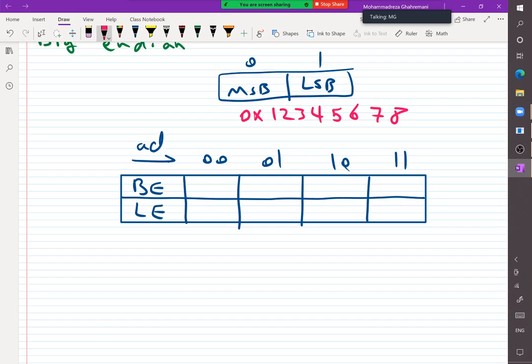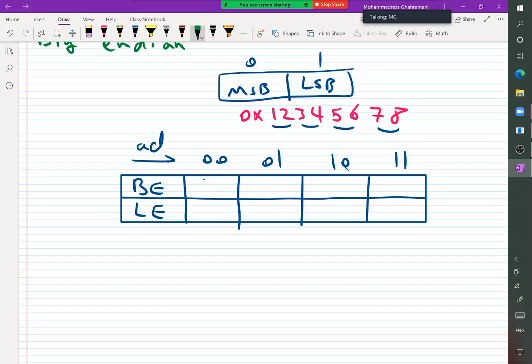We want to store this number in our processor, and let's assume each address can store 1 byte. So 1 byte is 2 hexadecimal digits. We know that, because each hexadecimal digit is 4 bits. Okay, so in Big Endian, what we do, first we start from the most significant byte.